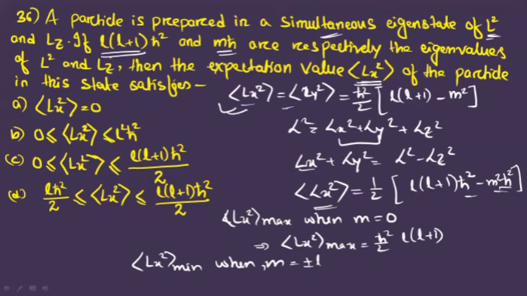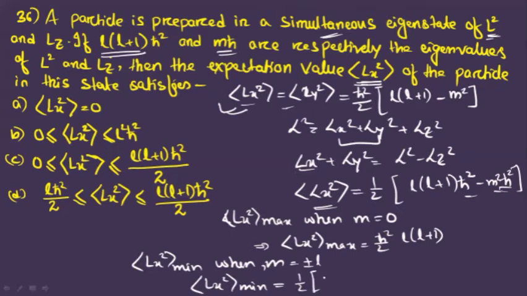That means for a given L, m will vary from minus L to plus L. So from here you can write Lx square minimum. Whether it is minus L or plus L, it will be L square ħ square. So this will be half, I'm writing as it is.